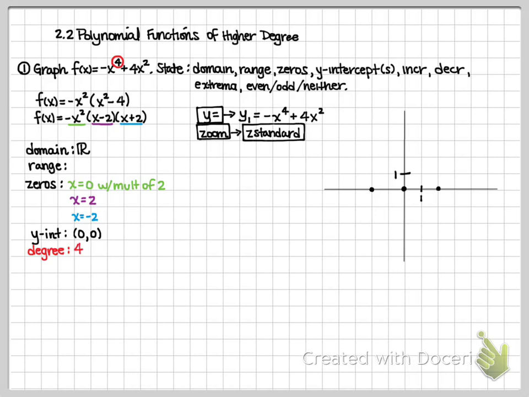Because it's an even number, I know that both tails go in the same direction. All right, that's one thing. Then I need to go back and take a look at the leading coefficient. All right, so the leading coefficient is negative. So that means that both tails are going in the same direction, and they're both going in the negative direction, which is down.